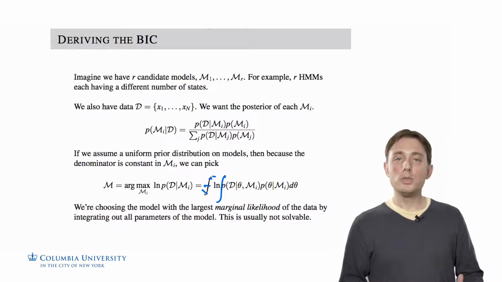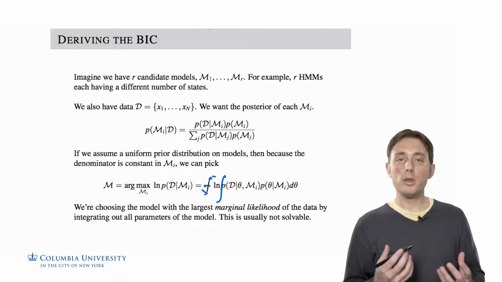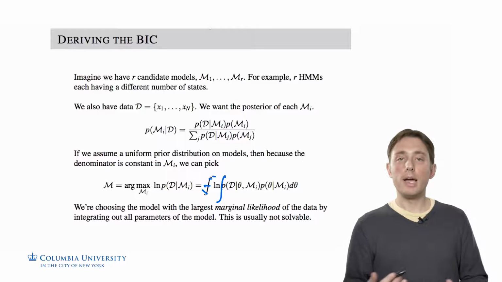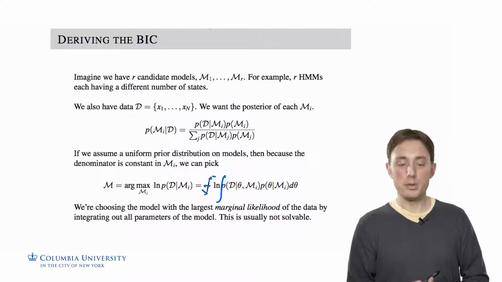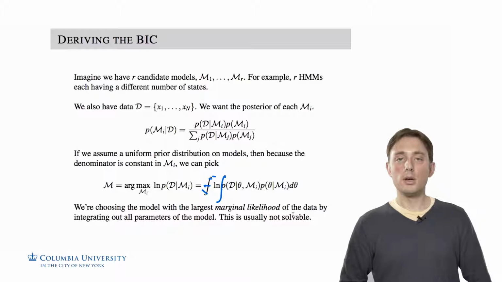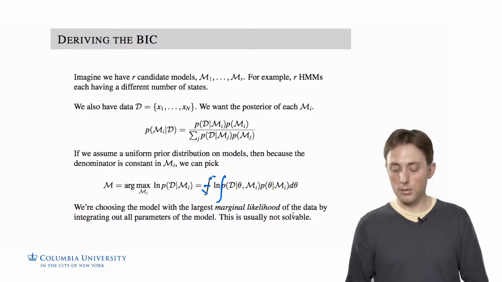So what we're choosing with the BIC, in principle, is the model with the largest marginal likelihood of the data by integrating out all of the model parameters. However, this is, in almost all cases, not an integral that we can solve, and so we have to come up with some sort of an approximation.